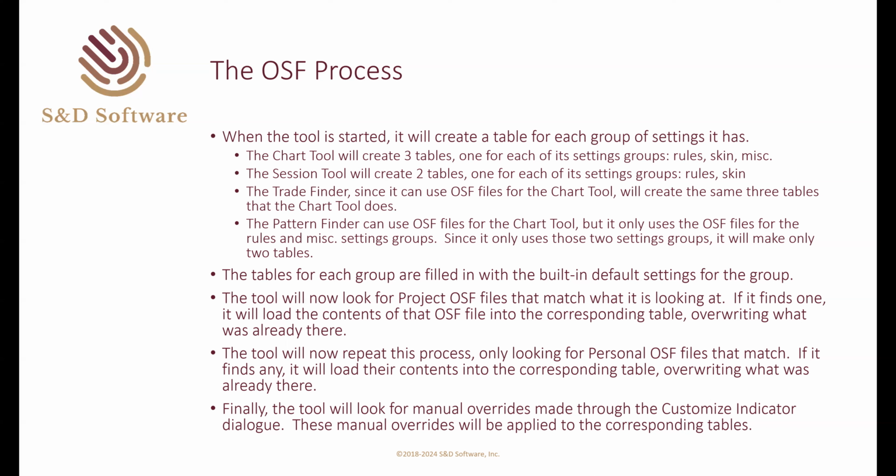Now, project OSF files are normally Delta files, so they only make changes to a few of the default settings. So if it loads a rules project OSF file and there are 10 settings in it, it will go into the rules table and write the value from the OSF file into the corresponding entry in the table, overwriting whatever is there.